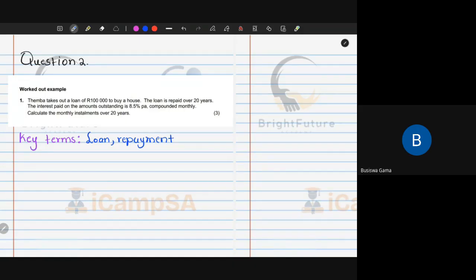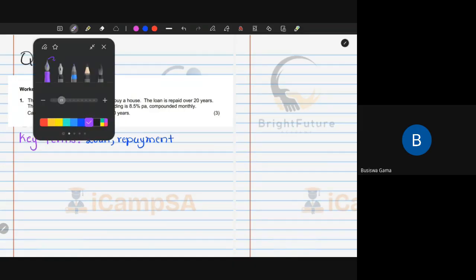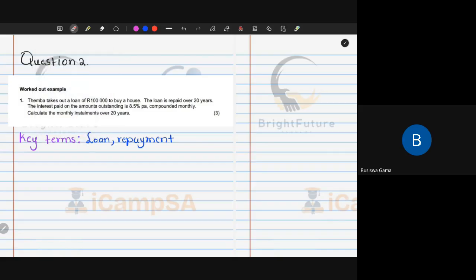the wrong formula. So once we see loan and repayments, our brain should tell us that, okay, this means we are looking at a present value annuity. And what is the formula for a present value annuity?